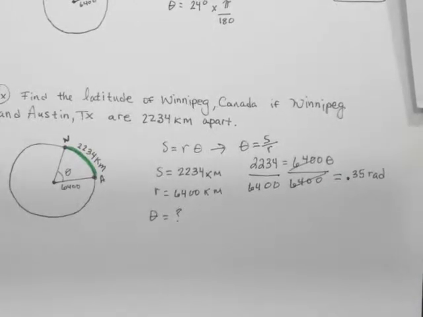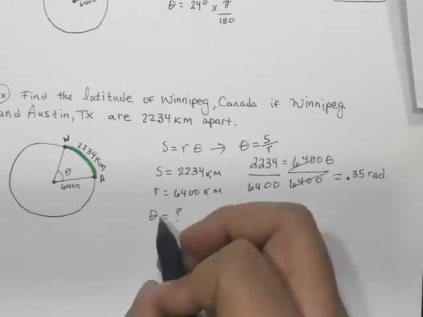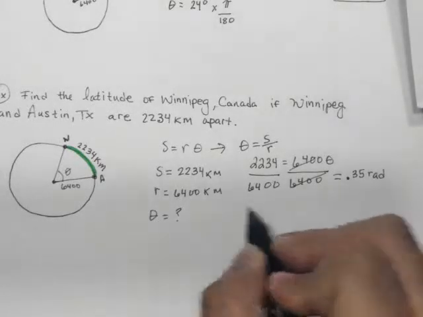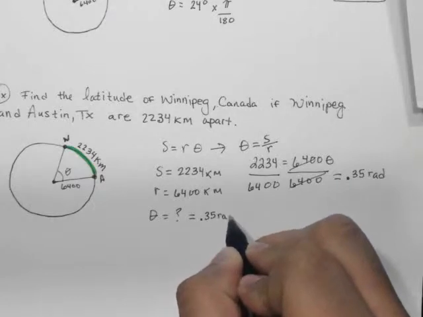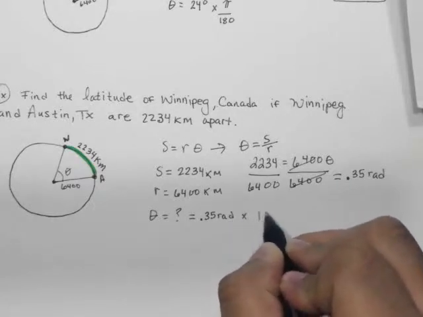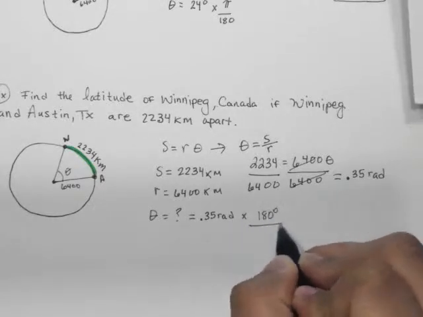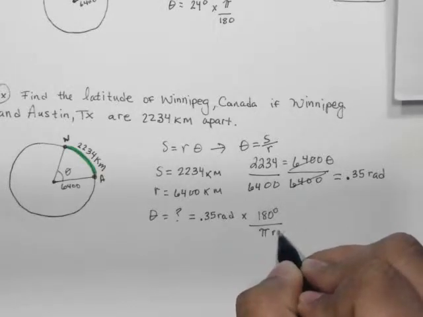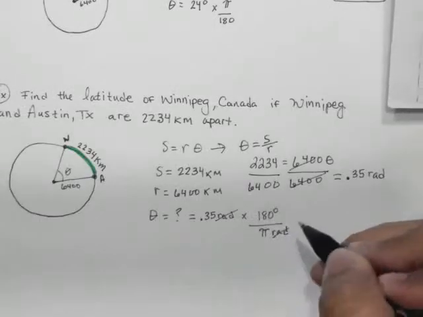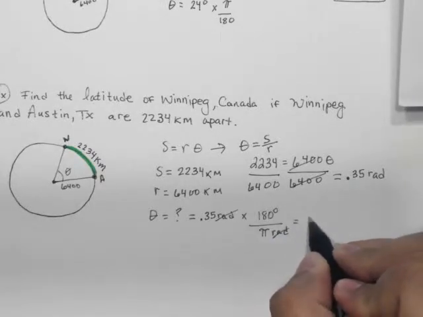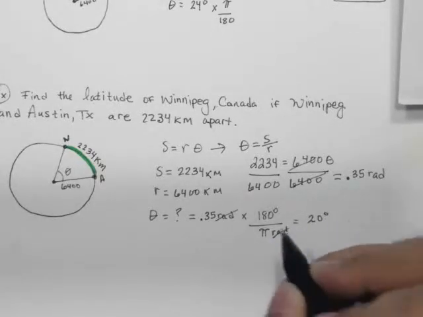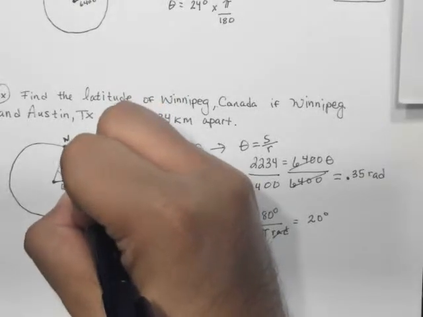So what we're going to have to do next is multiply by the conversion factor. So this here is 0.35 radians, and I'm going to multiply it by 180 degrees divided by pi radians, and that's going to get rid of my radians and give me a degree mark. And so I end up with a theta of 20 degrees.